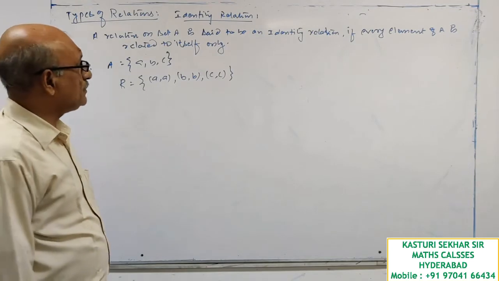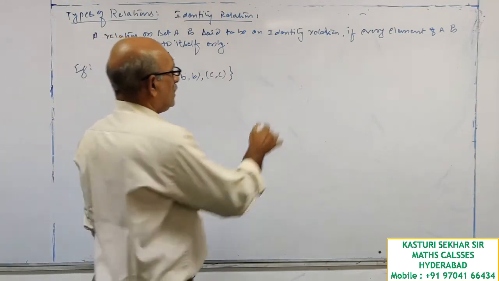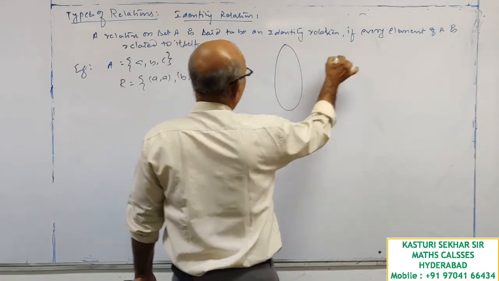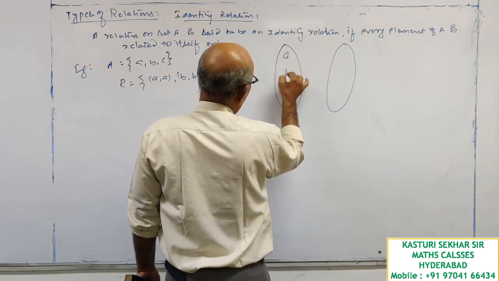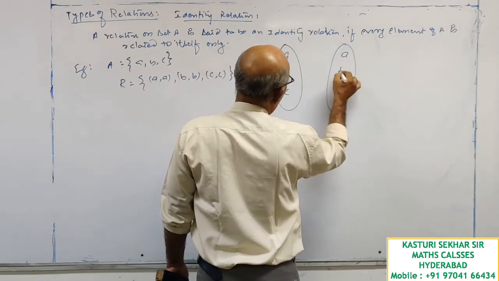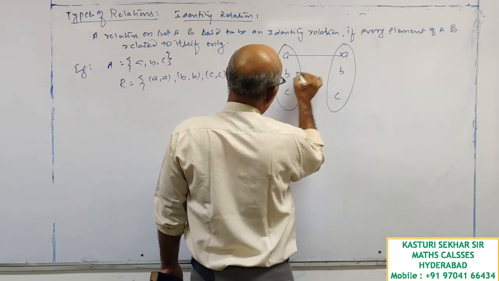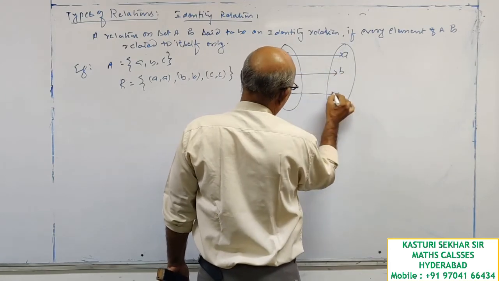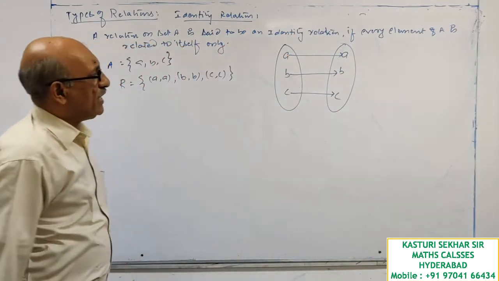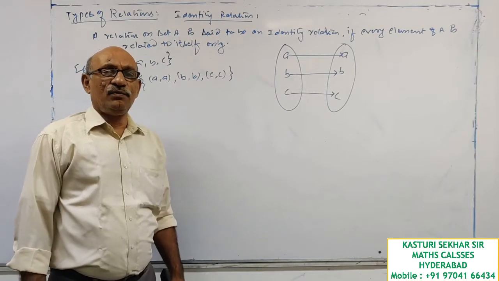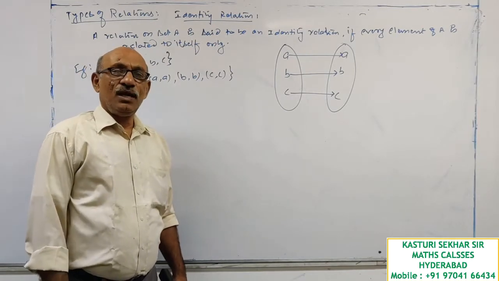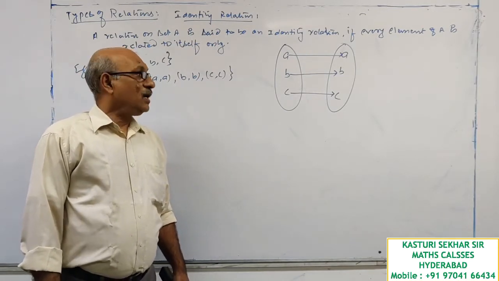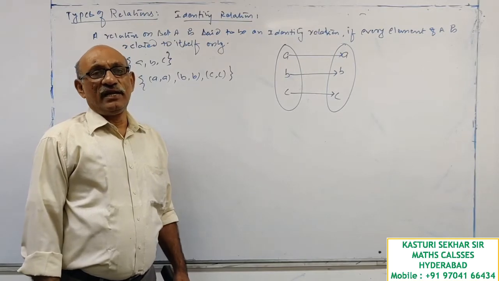Okay. You can write this in this manner also: A is related to A, B is related to B, C is related to C. This way, if it is given, then you can say it is an identity relation.